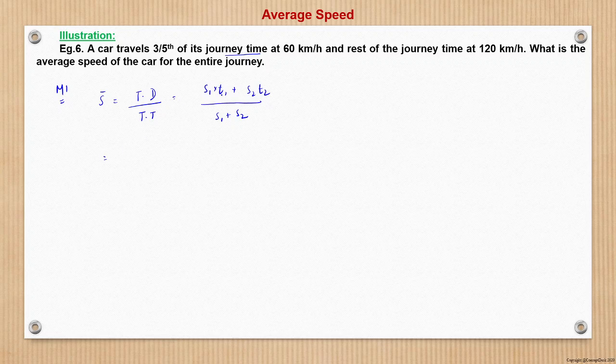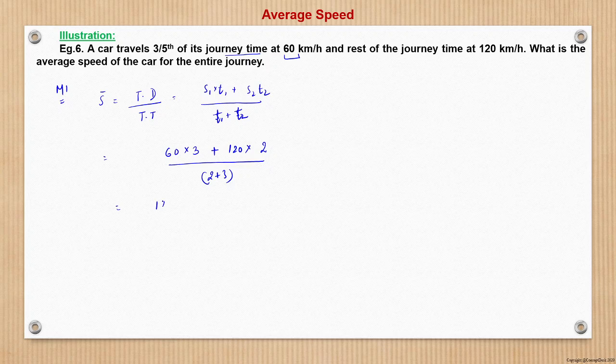So here total distance is S1 T1, that is at the speed of 60 it covered say 3 units of time, 3 hours we can say, or at speed of 120 it traveled for 2 units. Sorry, in the denominator it is T1 plus T2. Total time will be 2 plus 3 units.